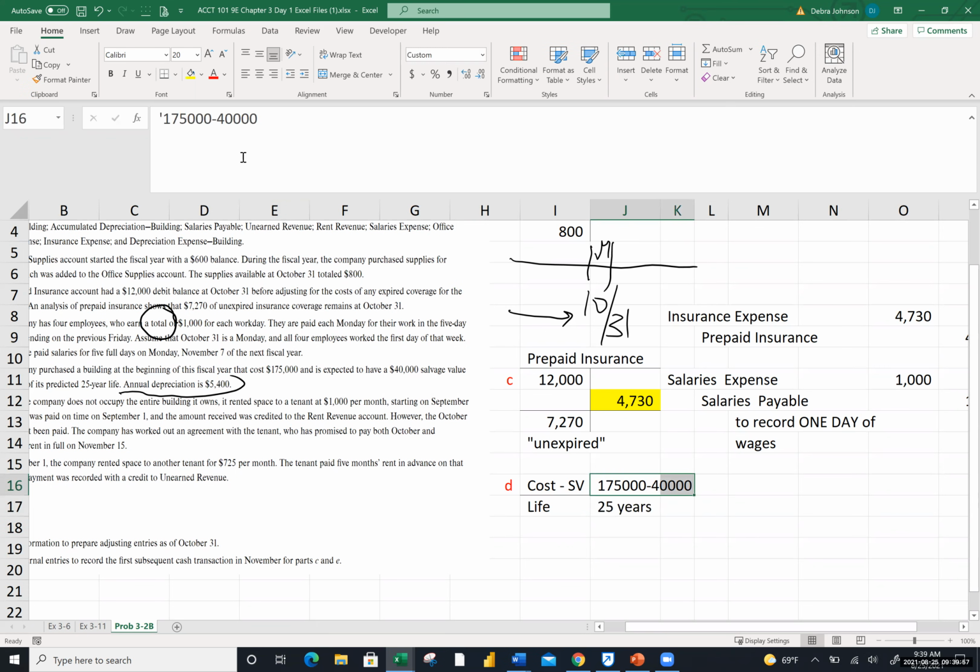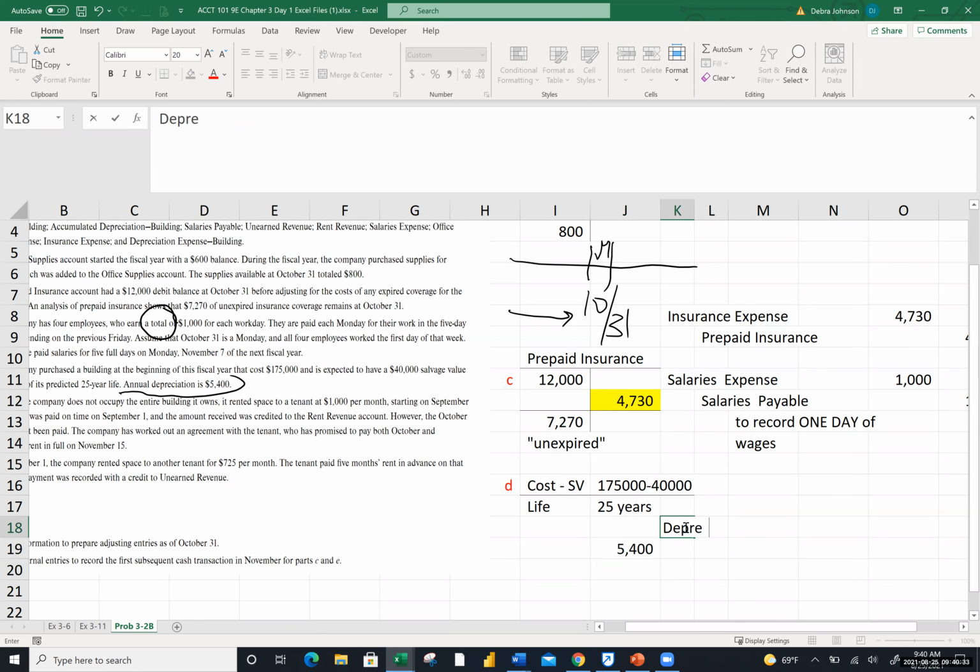Since they had it the whole year, there would be no reason to prorate this. So let me calculate that really quickly using my Excel formula here and make sure that we get the exact same amount that he gets. So I'm going to press enter in a second, and see if we came up with the same 5,400 that he comes up with. And I do. Okay, so we did that just in case he asked you to compute it on another one.